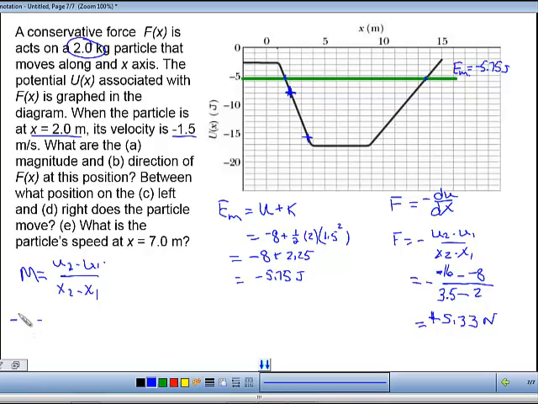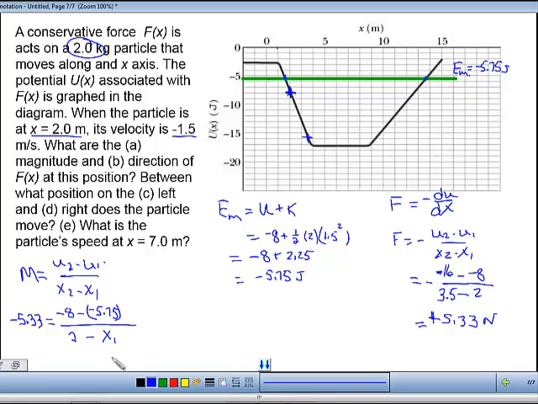Okay, so we have -5.33 is equal to, well, I know the potential energy at this point. It was -8 minus the energy at this point, which is -5.75, all over x2, which was 2, and we're looking for x1.